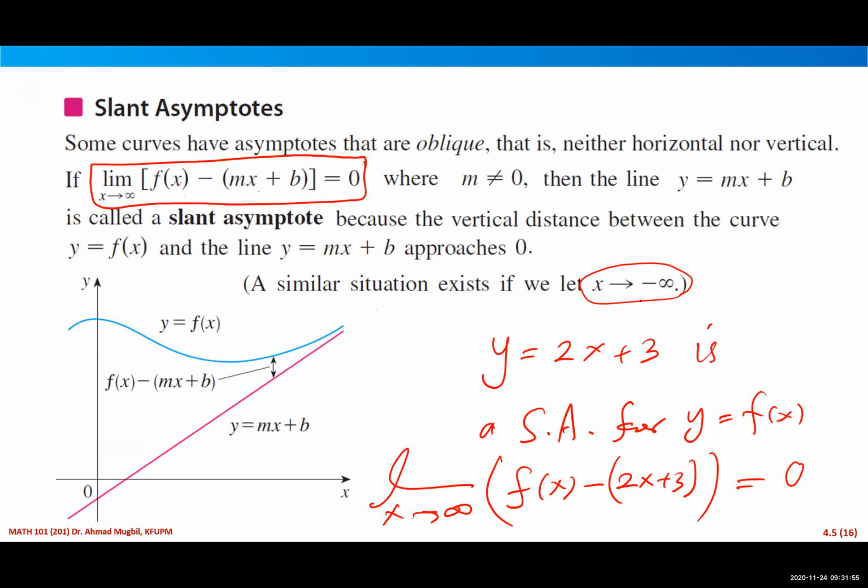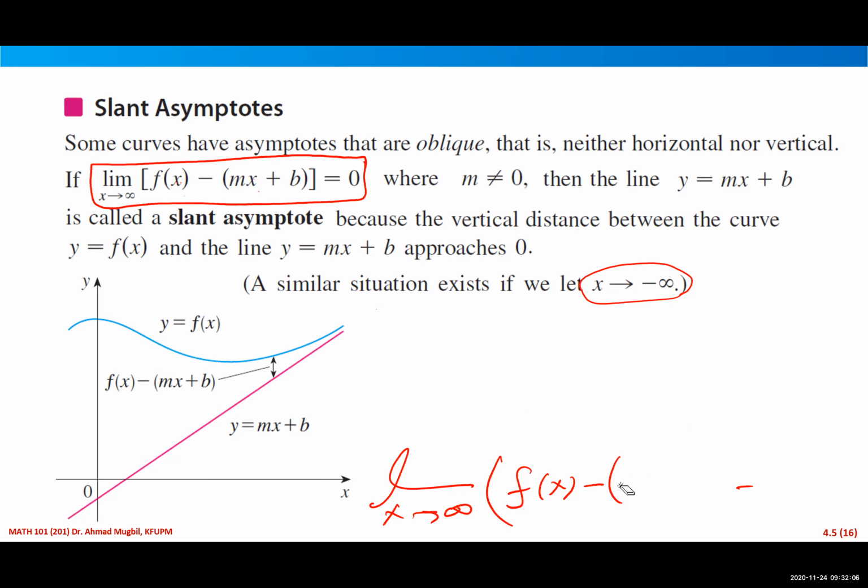Is there anyone, ya shabab, who remembers from Math 001, I think, how to find the slant asymptote for rational functions? If you have a rational function, can we find the slant asymptote in that case? When we don't have a horizontal asymptote.